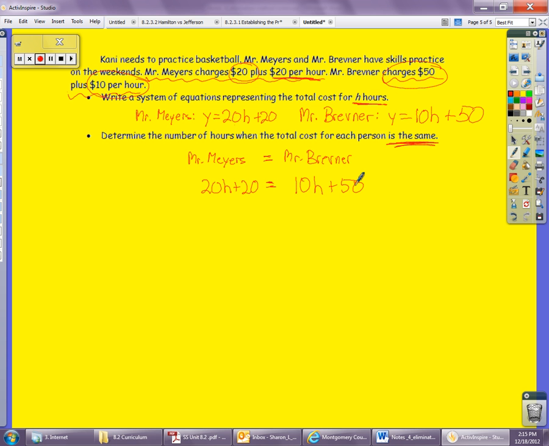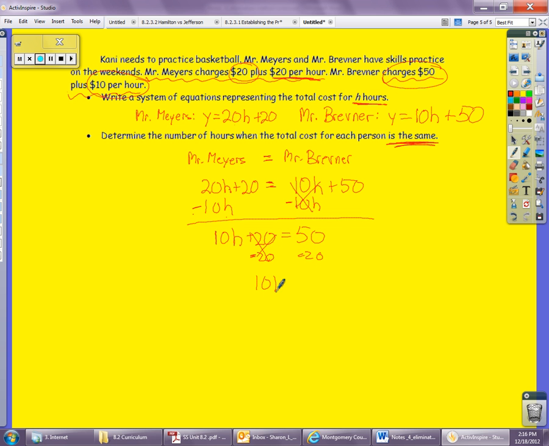To solve this, we have h's on both sides, so we have to get rid of one. So if we do get rid of that 10h, whatever we do to one side, we gotta do to both sides. So 20h minus 10h will give me 10h. Bring down my 20 equals 50. So subtract 20 from both sides.